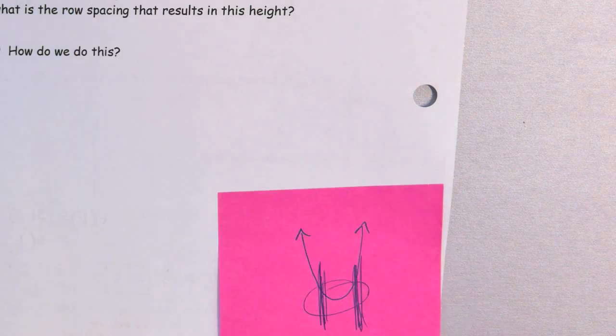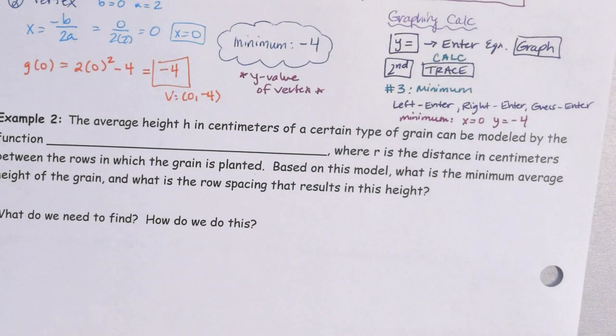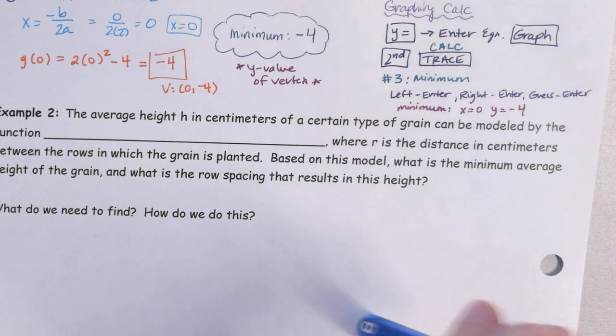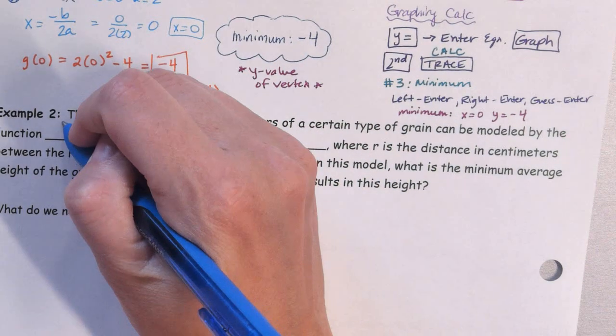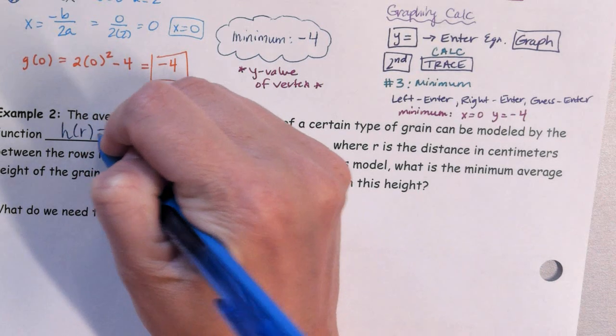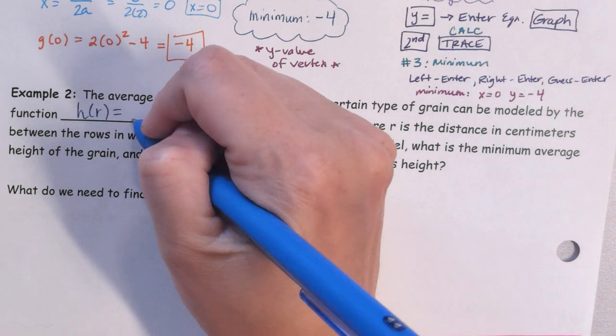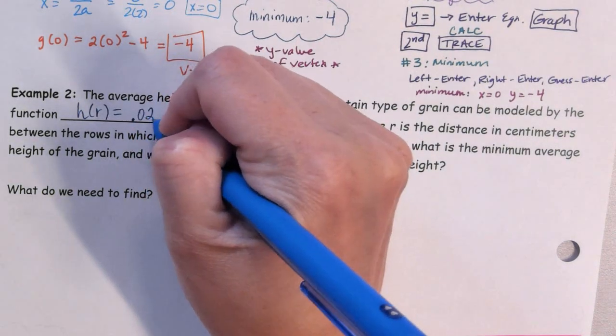All right, let's go to our story problem. So for example 2, it says the average height h in centimeters of a certain type of grain can be modeled by the function, and we're going to fill in that function together. So the function that's given is h of r equals 0.024.